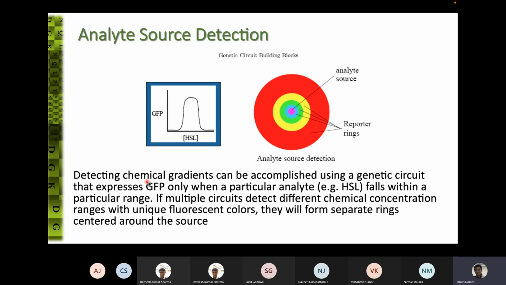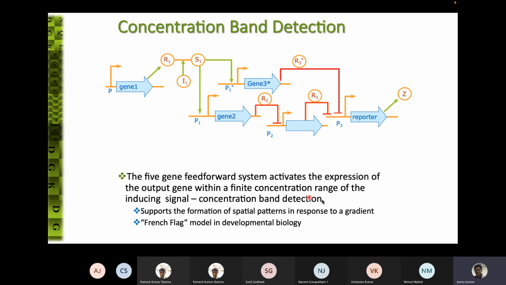So what happens is, whenever you have chemical gradients of this nature, where you have a green fluorescence protein, for example, against the particular analyte, in this case HSL, from this paper that this is taken from, you have a French flag model which comes in developmental biology, and this is able to detect that.